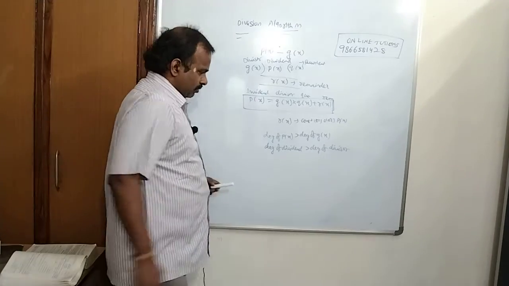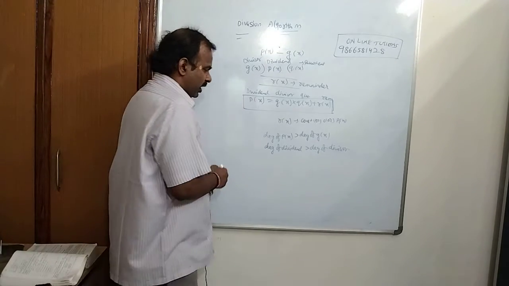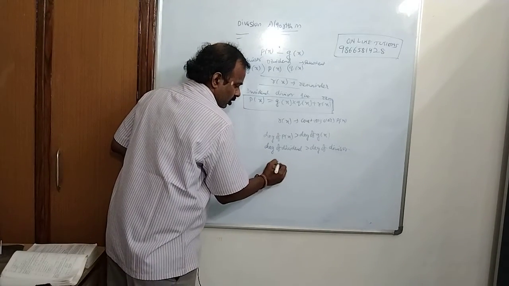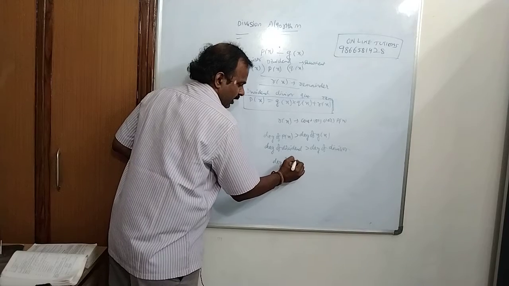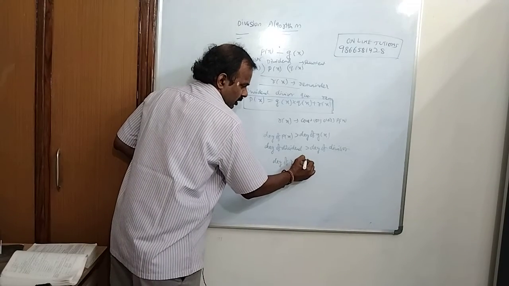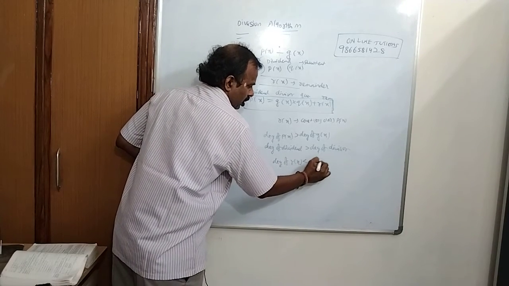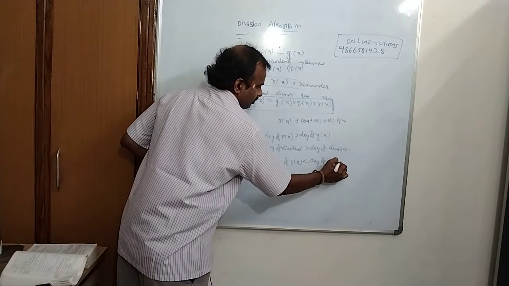In this case, the degree of the remainder will be less than the degree of the divisor.